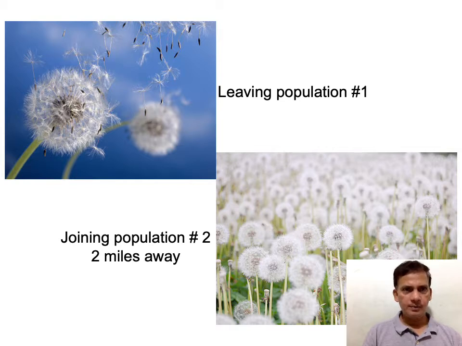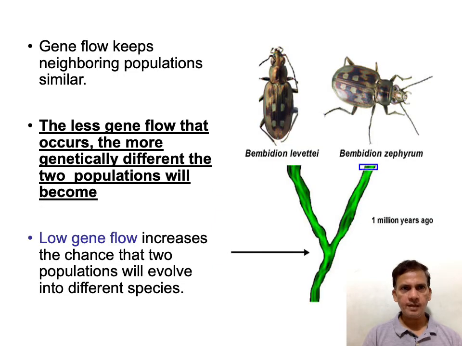You can see that some of the seeds could fly and grow in an area a couple of kilometers away. Now this will add to the genetic diversity of the area where these seeds grow. If they don't move to a different location, then obviously their genetic variation will be low. So gene flow keeps the neighboring populations similar.